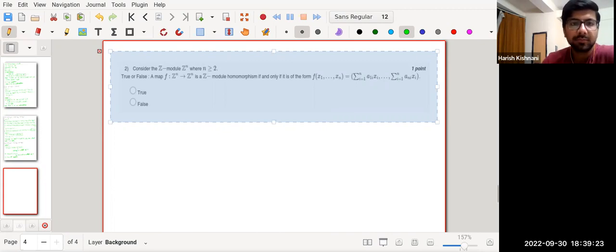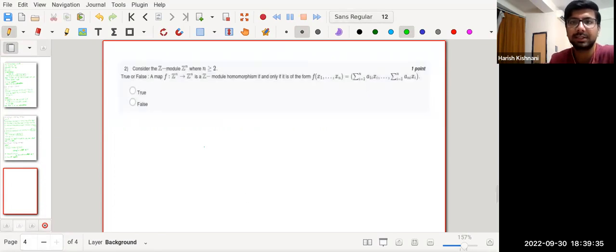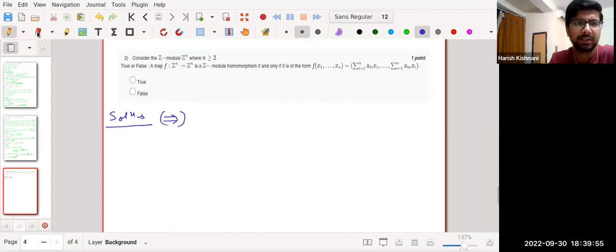So see, we will first see, let's say the forward implication is correct. We will first check that if it is a homomorphism, then what can you say about it? So it's saying that if it is a homomorphism, then it is of this form, or maybe we can go simultaneously, right?